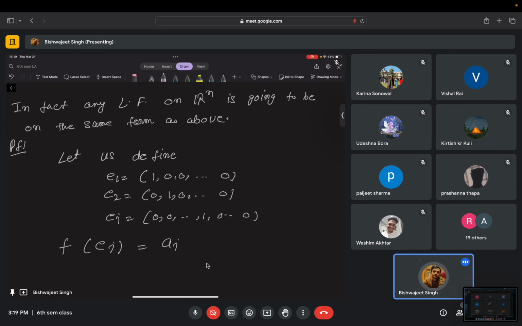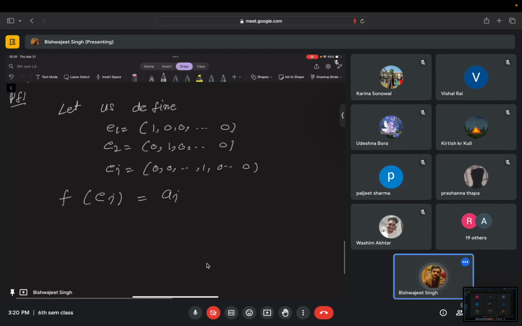So we are taking this element ej in which all the components are 0 and only one component, the jth, is 1, and we map it to aj. What does it mean? What I am saying is that f of e1 equals a1, f of e2 equals a2, and similarly f of ej equals aj.